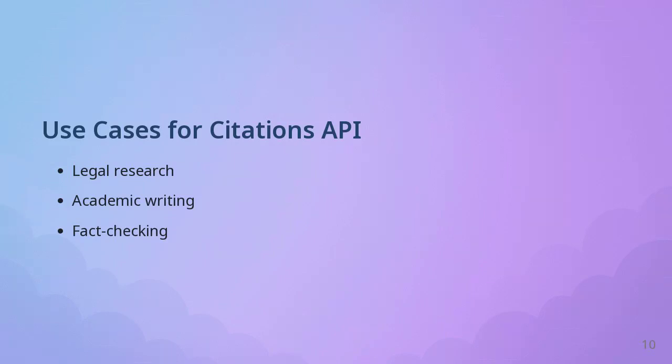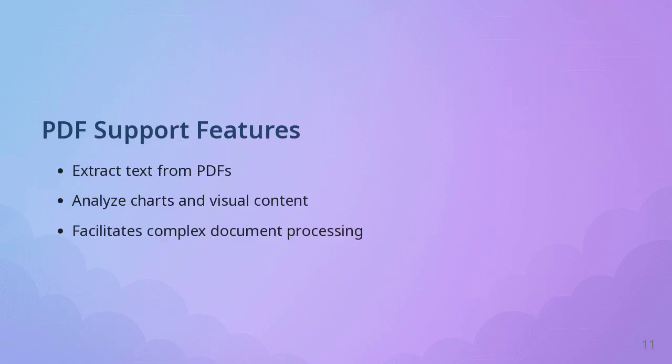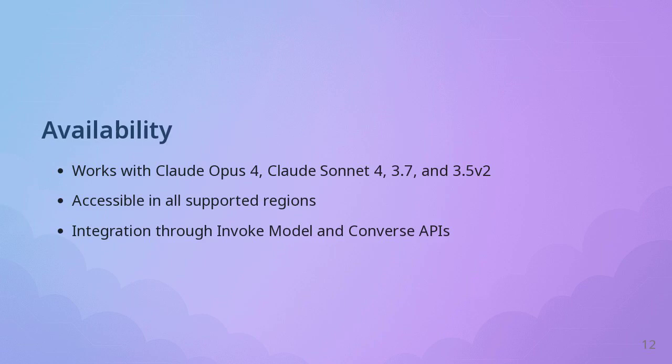Fields such as legal research, academic writing, and fact-checking benefit greatly from the ability to trace information back to its source, which is made possible with the Citations API. PDF support extends Amazon Bedrock's capabilities, allowing users to extract text, analyze charts, and comprehend visual content from PDF documents, enhancing the efficiency of processing complex documents.